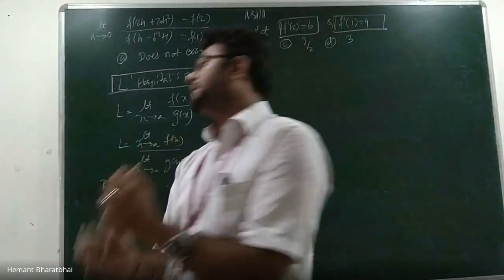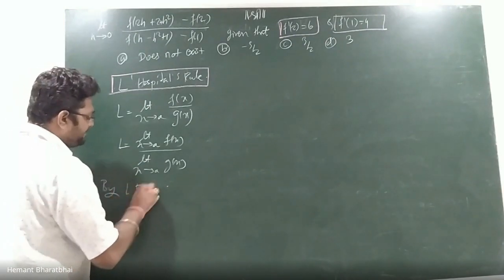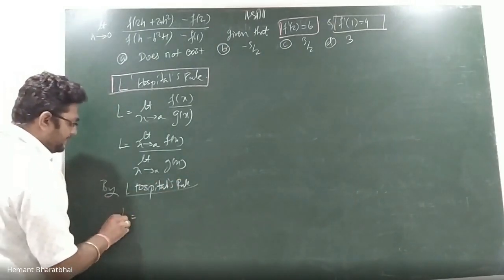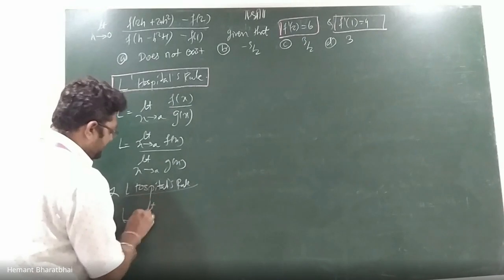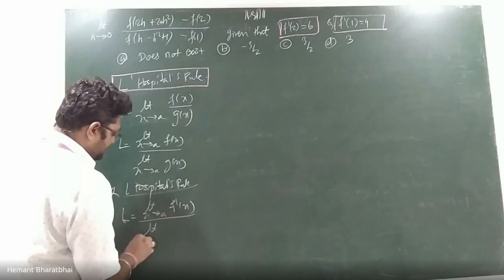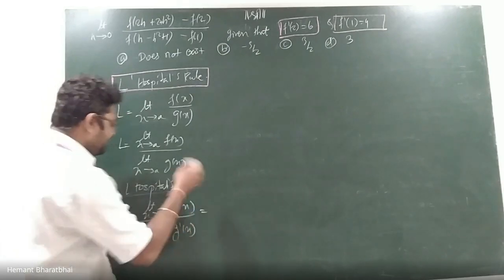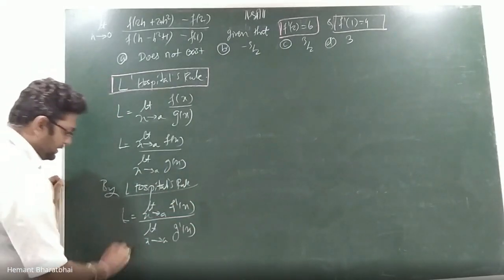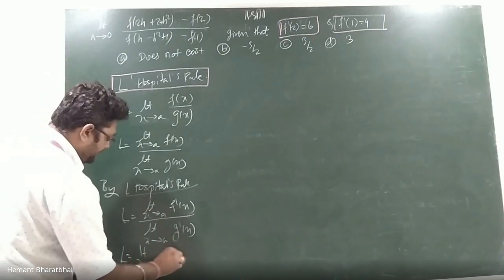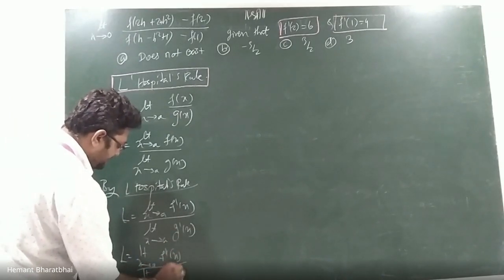We only apply the derivative, separating the numerator and the denominator. So by L'Hospital's rule, the limit L will become limit of x tends to a f dash of x upon limit of x tends to a g dash of x. I can take second derivative also. Once again, if I apply L'Hospital's rule, then L is equal to limit of x tends to a f double dash of x upon limit of x tends to a g double dash of x.